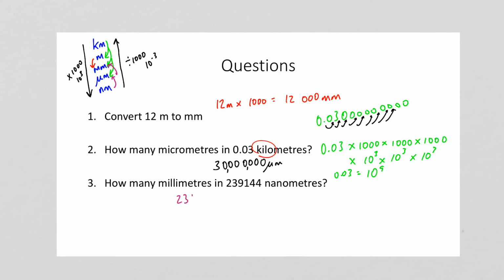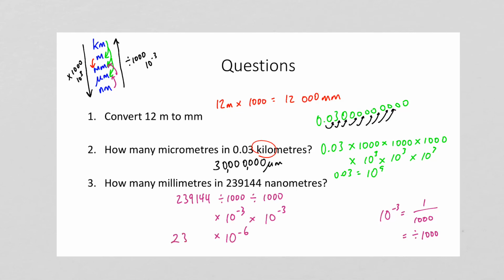So we have 239,144 divided by 1,000 divided by 1,000. Another way of writing that is times 10 to the minus 3 times 10 to the minus 3. Remember, 10 to the minus 3 is equal to 1 over 1,000, which is the same as divided by 1,000. Another way of writing that is times 10 to the minus 6.